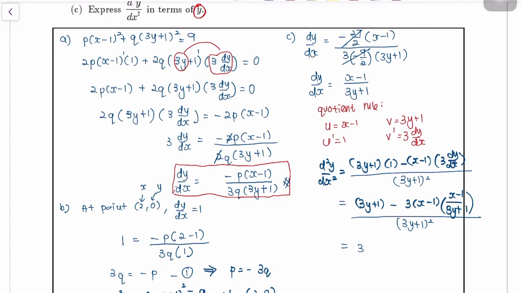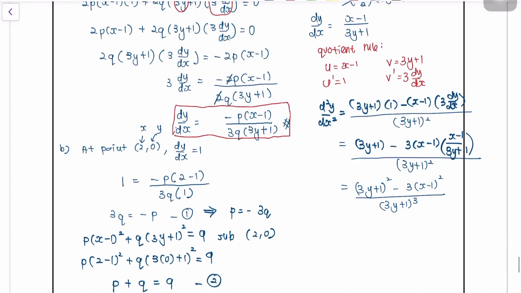So saya simplify fraction kita, (3y plus 1) square minus 3(x minus 1) square over (3y plus 1) cube. Okay, cube sebab kita dah simplify kita punya fraction.